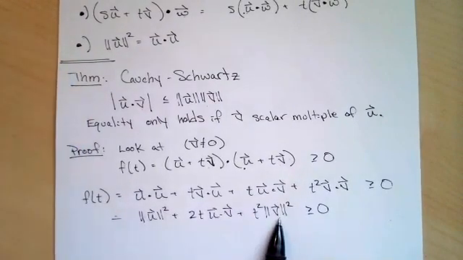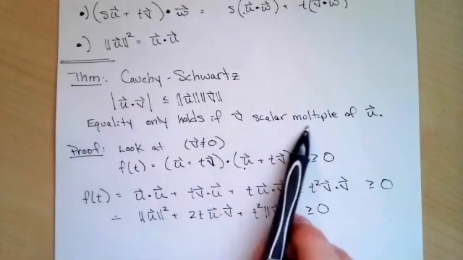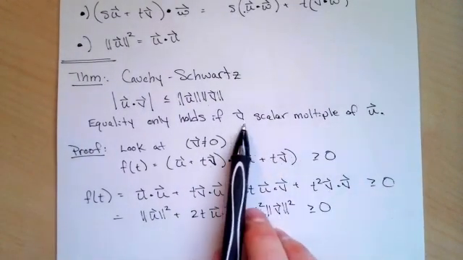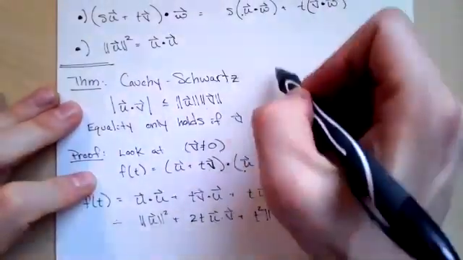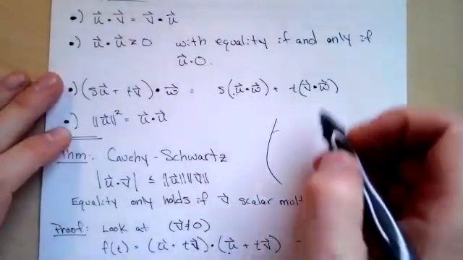So if v is in the direction of u, so v is a scalar multiple of u, namely, so let's use some scratch work to the side.